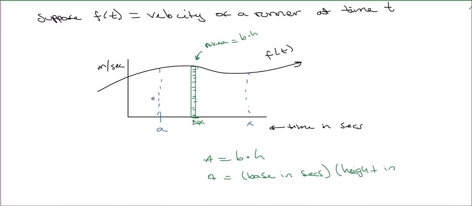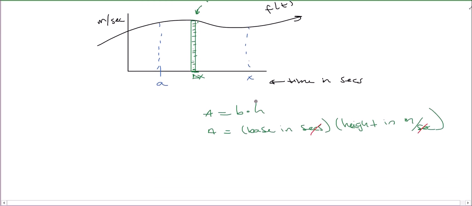What are the units of the height? The height is given by the function f of t, which is the velocity function, in meters per second. So our seconds cancel, and the area is given as just meters. The area is then the distance of the runner in meters.